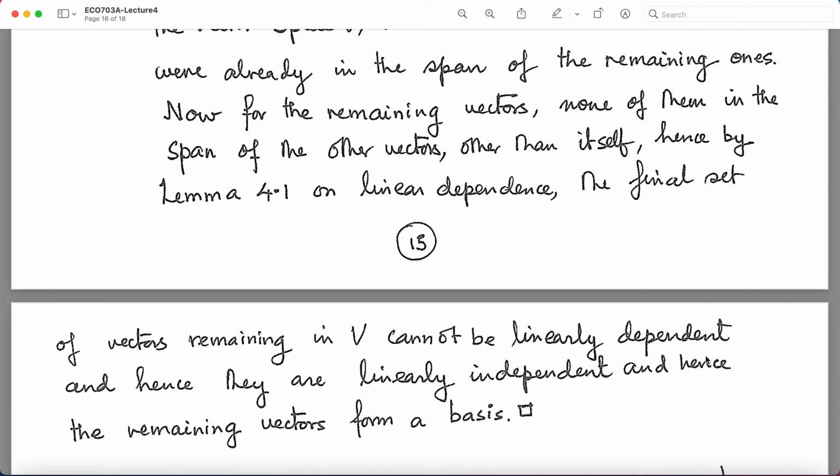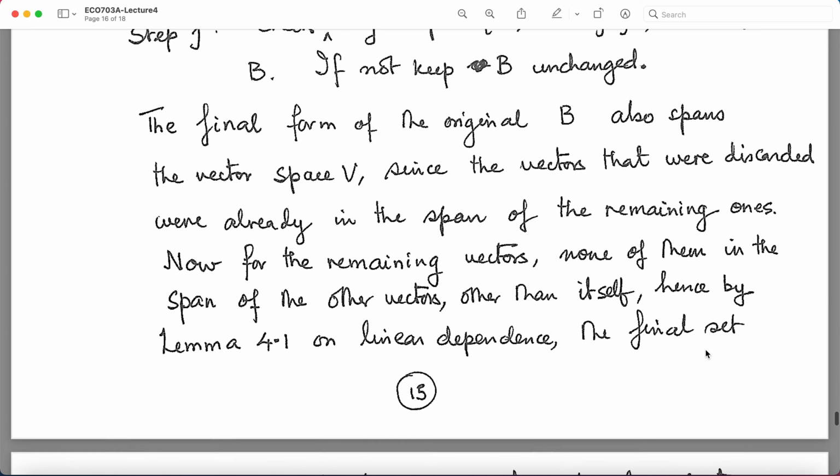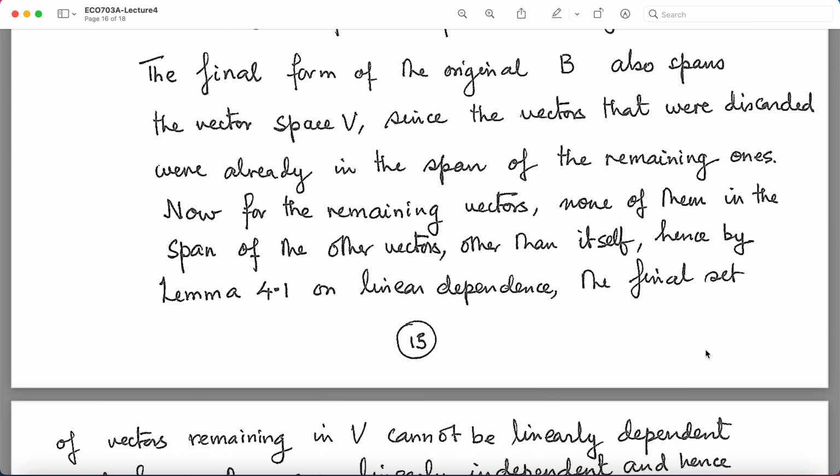What is the meaning of the linear dependence lemma? If you go and see it, you must find Vj which is an element of the span of V1, V2, up to Vj minus 1. But now all those elements have been thrown away from B and the new list has been created where none of them has this dependence.